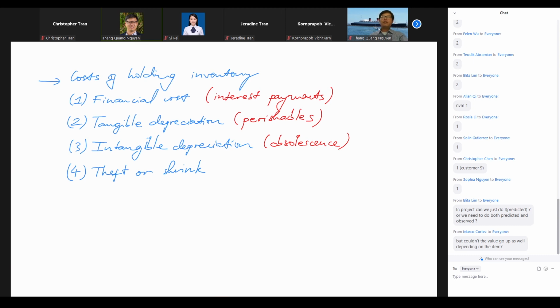I don't think the intention of the greeter is to catch as many thieves as they can, but they hope that by putting the greeter right there, they deter any potential thieves, right? They know that they will be checked when they walk out, so they just act normal. They will buy things legally, and then walk out like everybody else. So the deterrence effect right there will help Walmart cut down the cost of theft, right?